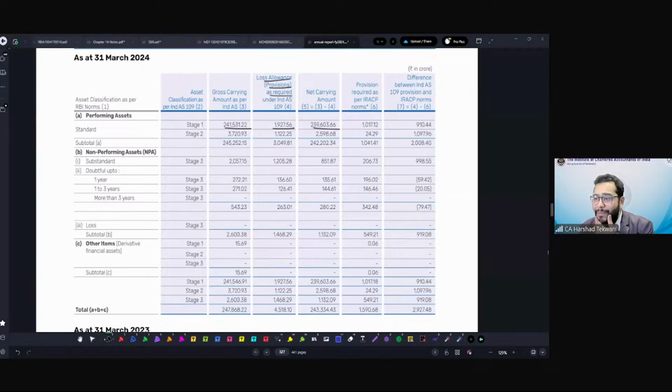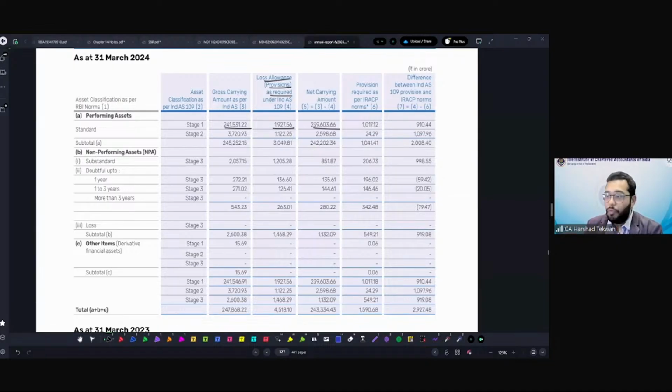For how much time will an NBFC make provision for NPA, within how much time can it write off? See, it is not easy to write off in the case of an NBFC. That's why you have securitization companies. Remember, securitization companies purchase bad loans from banks or NBFCs, and then they try to recover them. Writing off loans is not that easy in the case of banks or NBFCs.